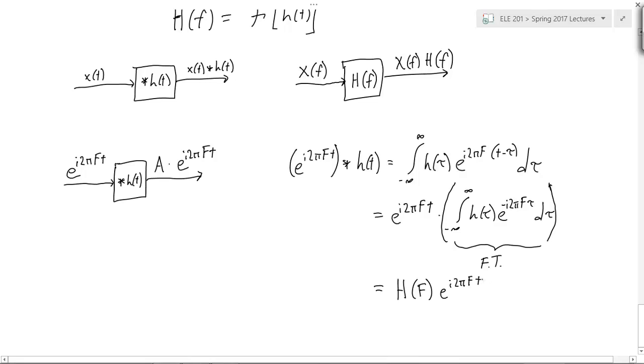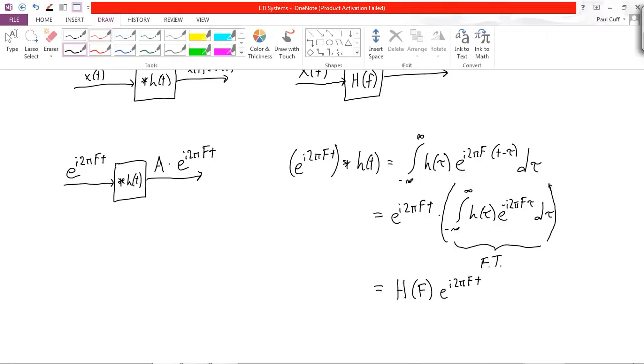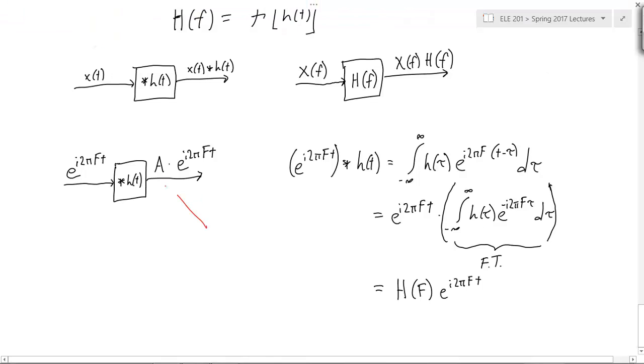So what is the eigenvalue? It's H of F. If we had never seen the Fourier transform, we would have just derived that it is useful because it tells you the eigenvalue for each frequency, as a function of frequency.